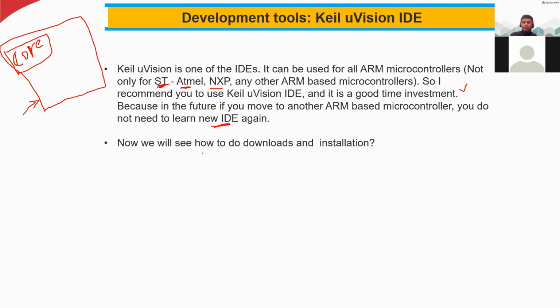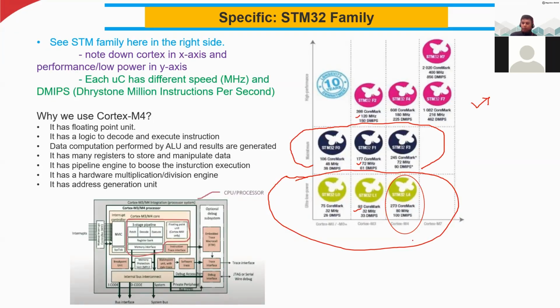So now we will see how to do downloads and installation. The one we are going to use is the STM32L4 series. This is mainly for ultra low power applications generally. So why do we use this Cortex-M4?